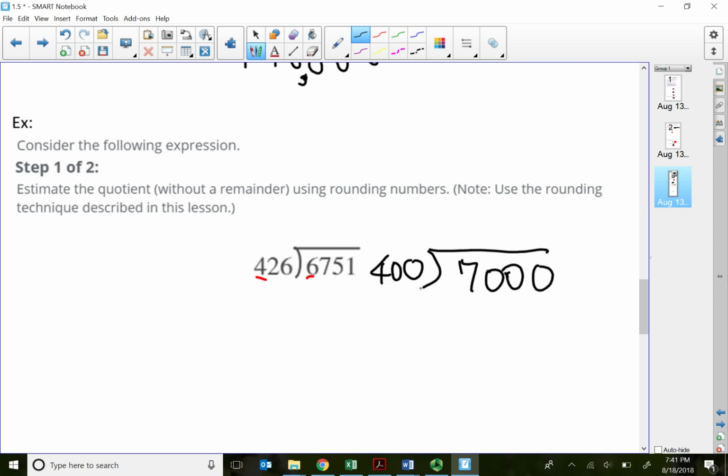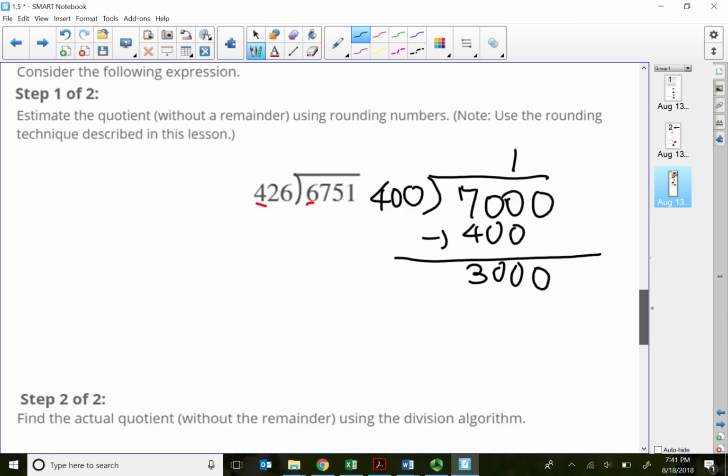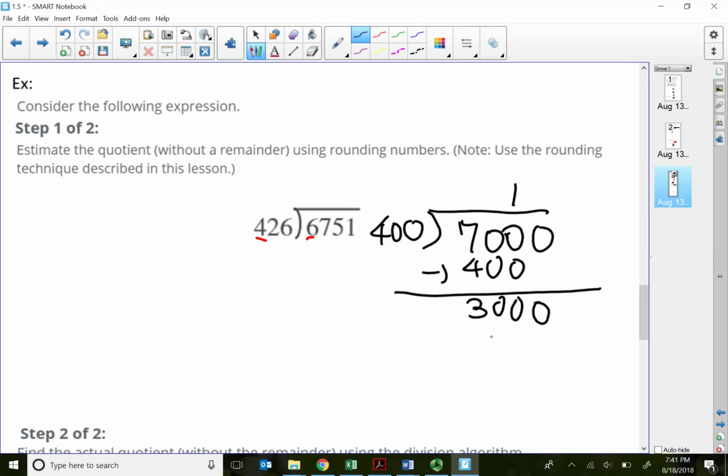So let's see, 400 going into 700 about one time, so that's 400. If I subtract, that's 300. All right, bring down the 0. 400 going into 3,000. So 4 going into 30, about 7 times, right? That's 2,800.